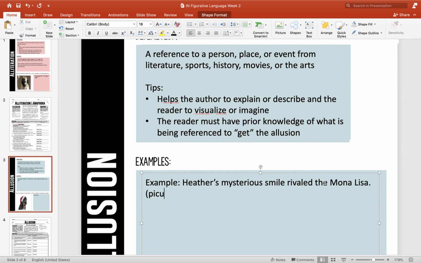So picturing the Mona Lisa helps the reader visualize Heather's smile. And I would think maybe it's not a very good smile, or it's sneaky, and that's why they said mysterious.